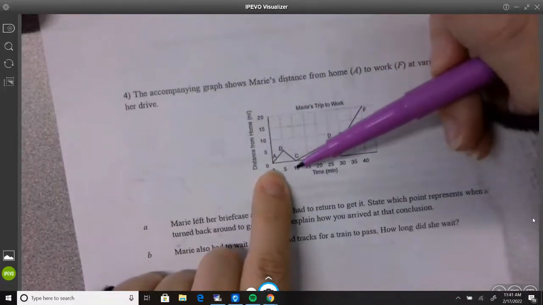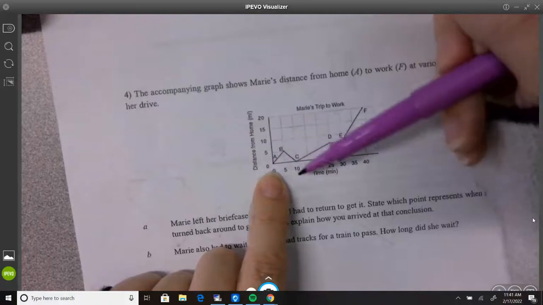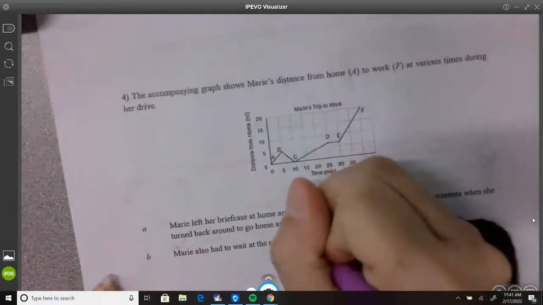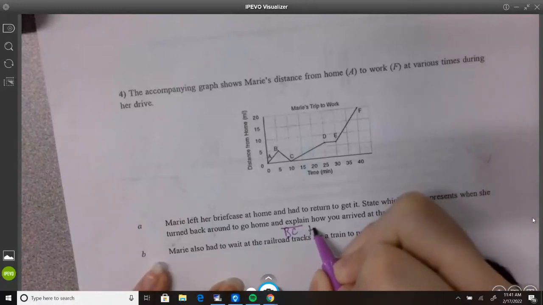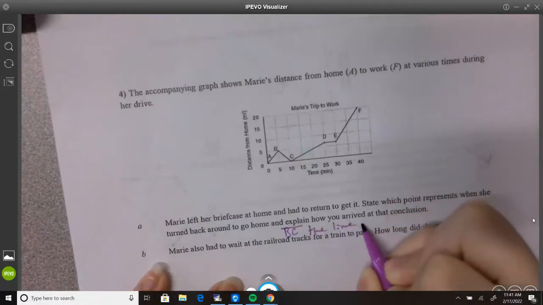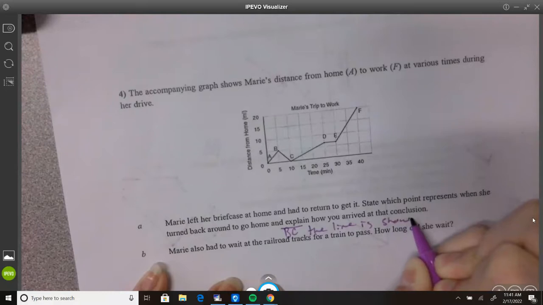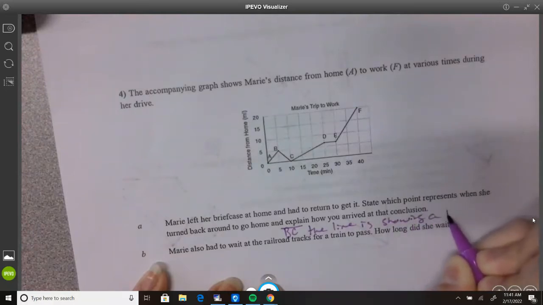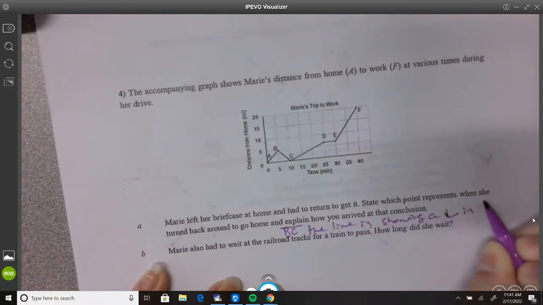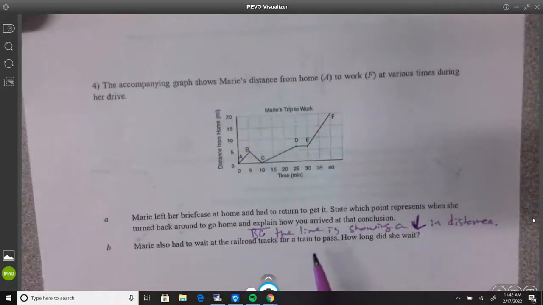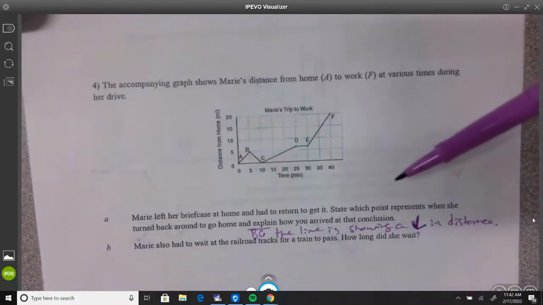That should be line segment BC. It's showing that decrease. So the line is showing a decrease in distance. So that's what our arrow right here stands for. So BC, because the line is showing a decrease in distance.